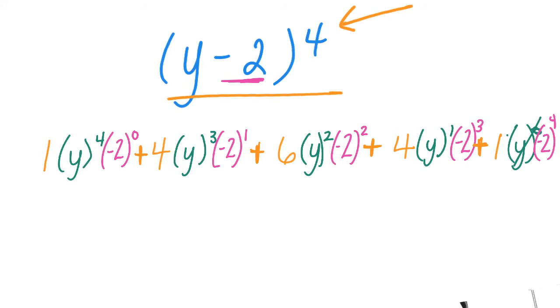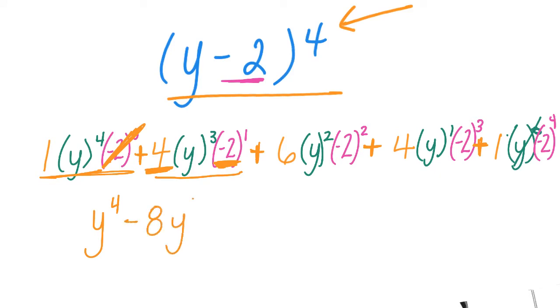So let's go ahead and find out this first term. We know anything to the 0 power is 1. 1 times y to the 4th is y to the 4th. The second term, well, negative 2 times 4 is negative 8 y to the 3rd. Nice.